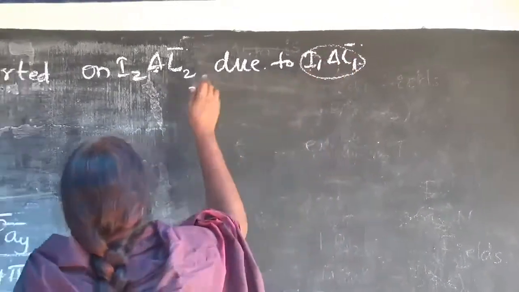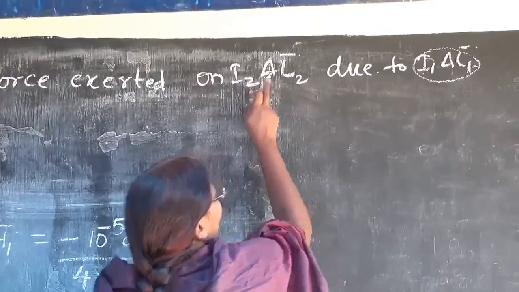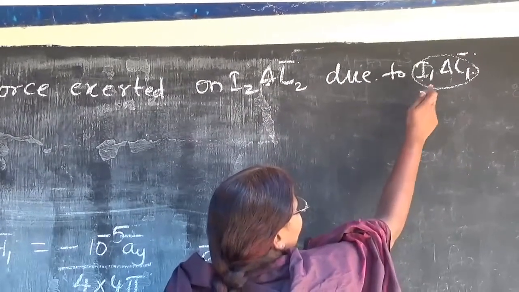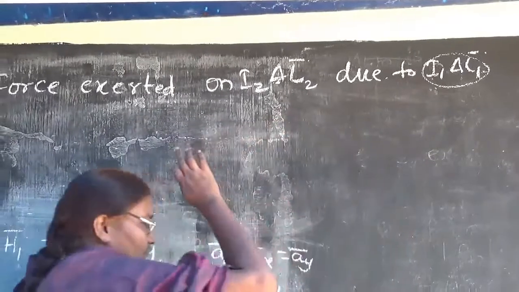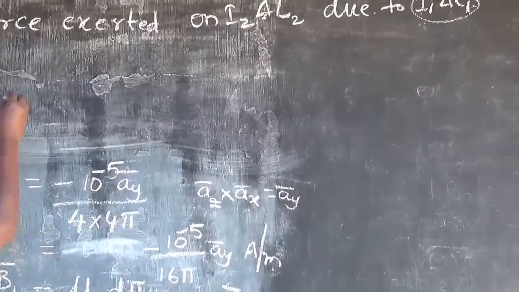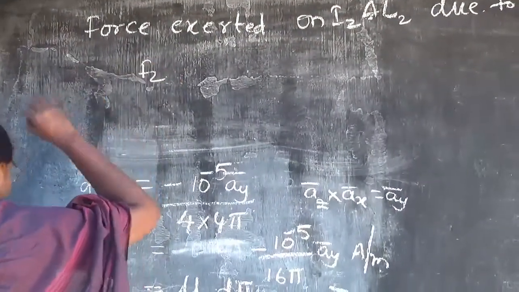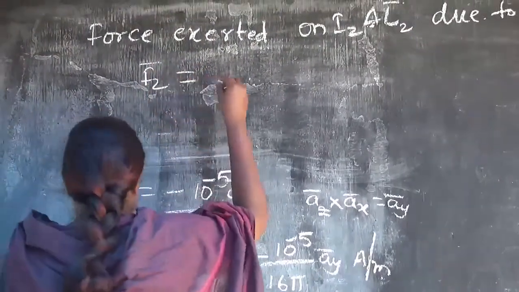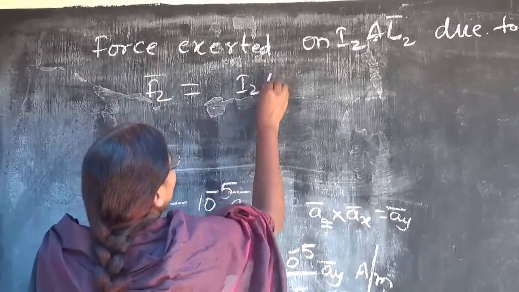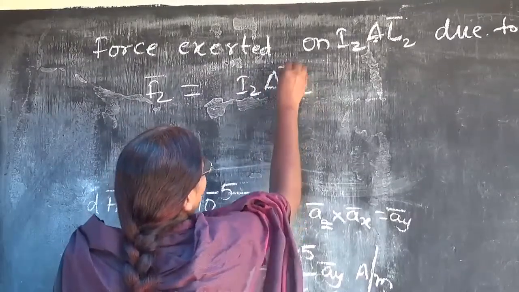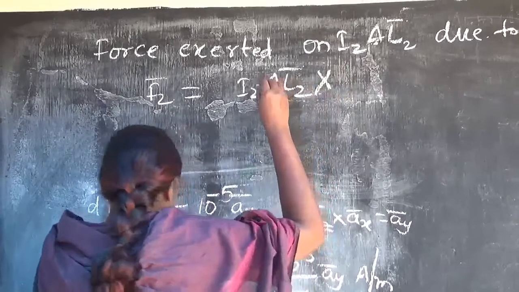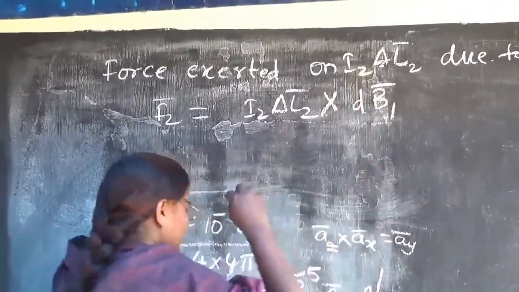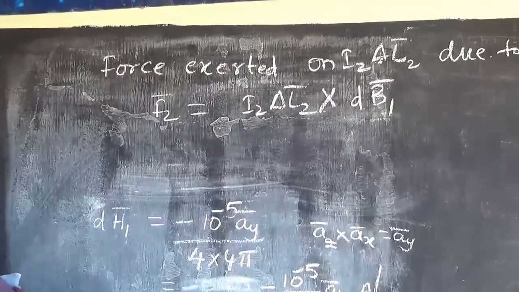The force exerted on this I2 delta L2 bar due to the magnetic field dB1 bar. That is the meaning of it. So the force exerted F2 bar will be I2 delta L2 bar cross dB1 bar. So you have calculated this.